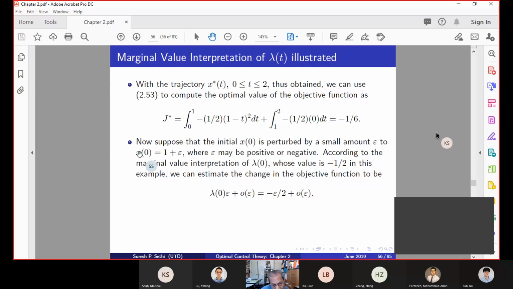And if I take x0 to be 1 plus epsilon, then lambda 0 times epsilon plus O of epsilon is minus epsilon over 2 plus O of epsilon. So our new objective function will be minus 1/6 minus epsilon divided by 2. That is the approximate value of the new function, right? This is what the marginal value lambda means to us at any point.